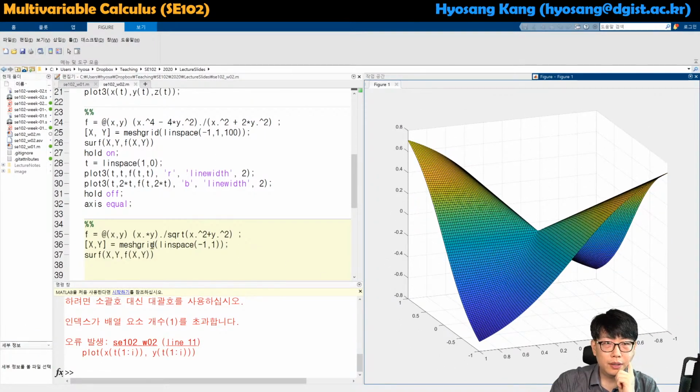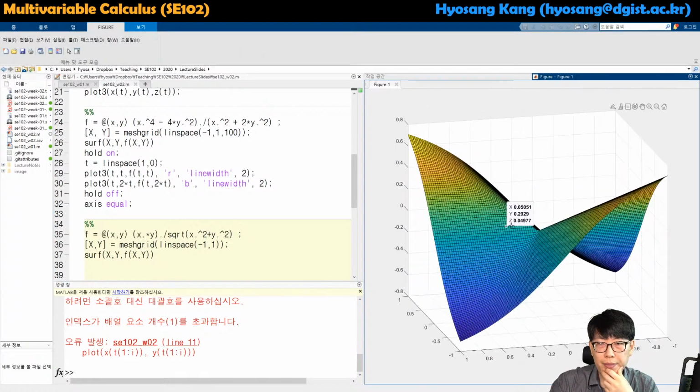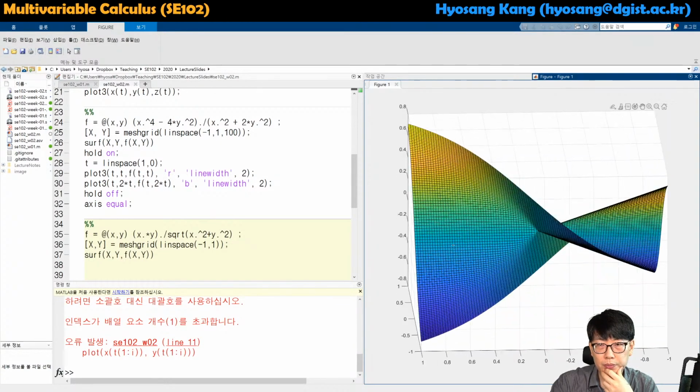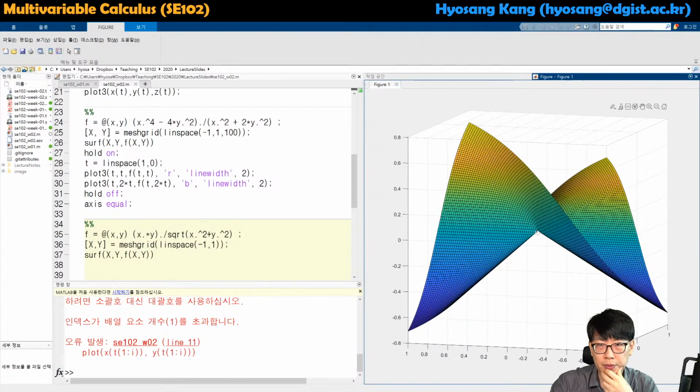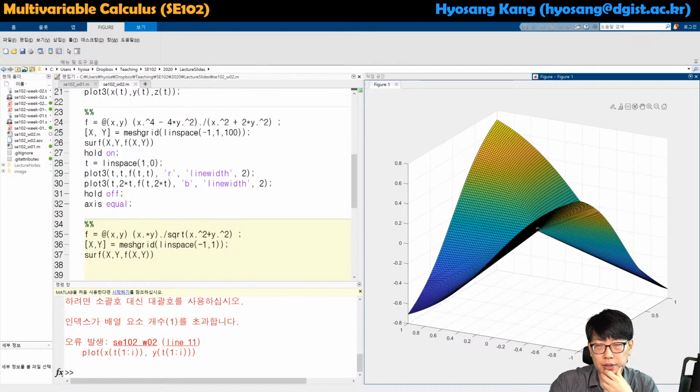So you see, this formula is not defined when x and y are both 0. However, we defined that to be 0, but we didn't mention this in the code because there's no meaning to putting one value of the function in graphing the function. However, what happens at (0,0)? It has a sharp point, right? There's a pointy part of this picture at (0,0). However, it's not like a discontinuous picture.